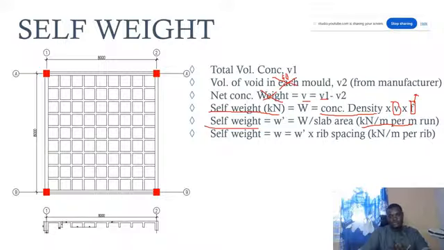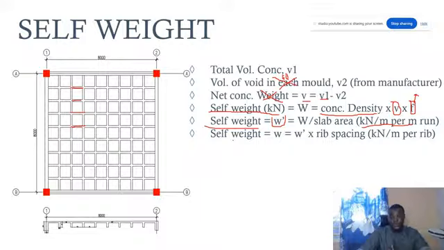So the self weight is equal to this self weight in kilonewton per meter squared multiplied by the rib spacing, that is the center to center spacing between your ribs. If it is 500, 400, 450, whatever that spacing is, you multiply it by the self weight in kilonewton per meter square.